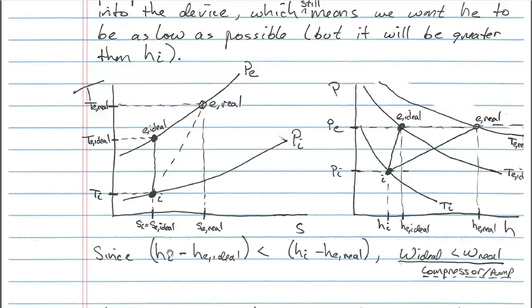So since HI minus HE ideal is less than HI minus HE real, and since HI minus HE ideal is the ideal work, and HI minus HE real is the real work, we can see that the ideal work into a compressor or a pump is less than the real work into a compressor or a pump.